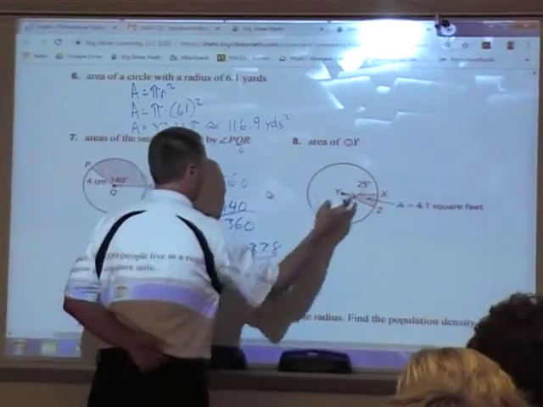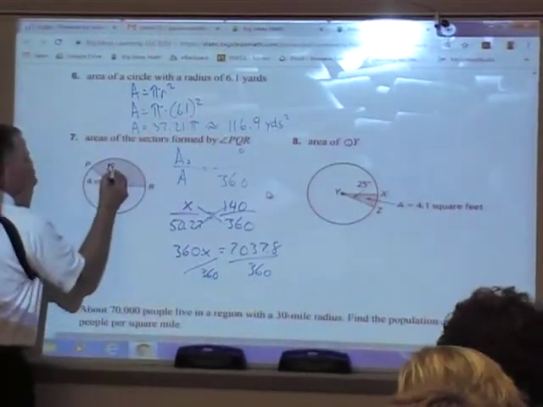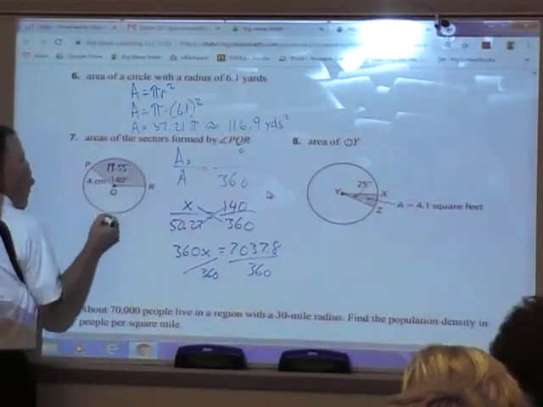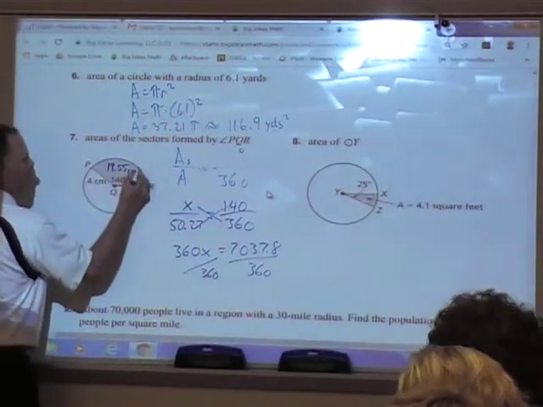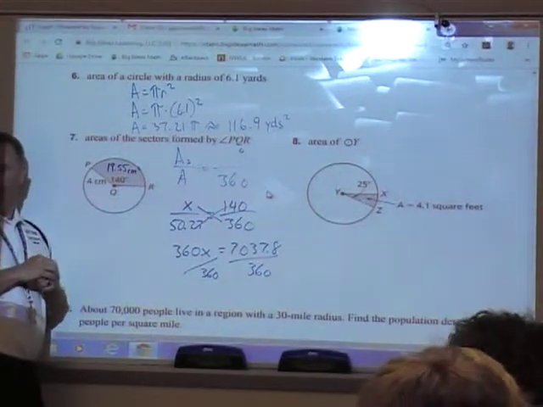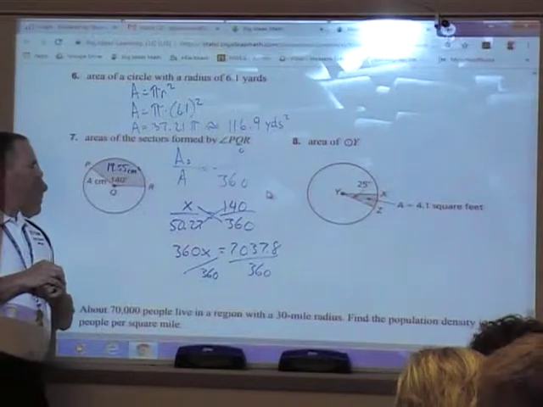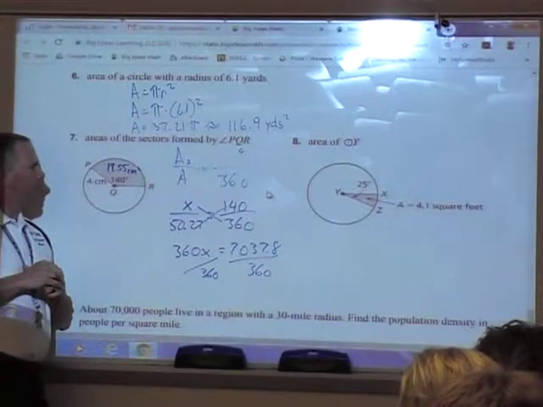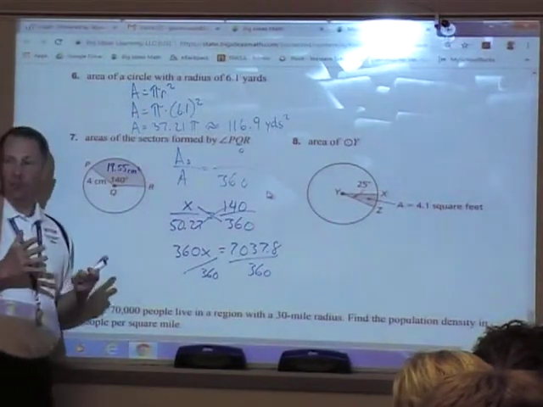Very good. So the area of the sector, 19.55, and it is area. It's centimeters, so you're going to get 19 square centimeters in there. That's what will fit in there, okay? Excellent.